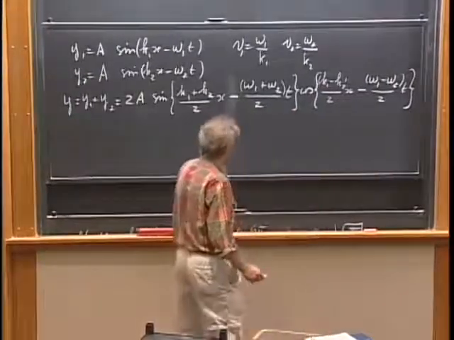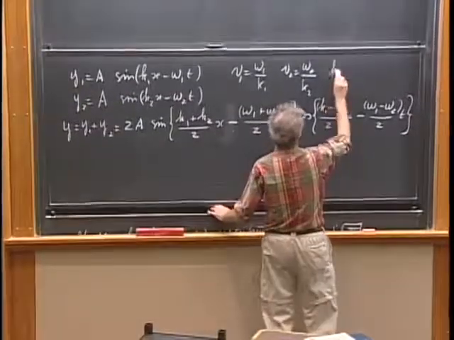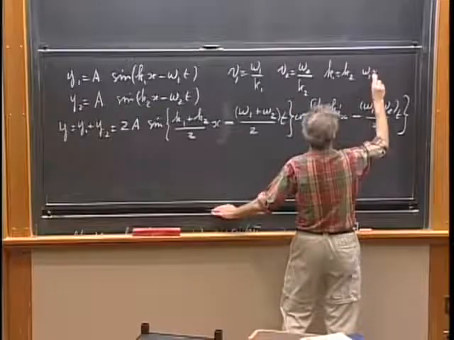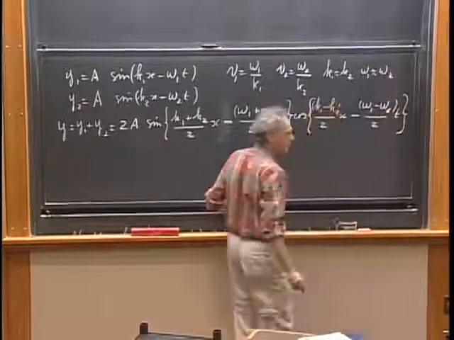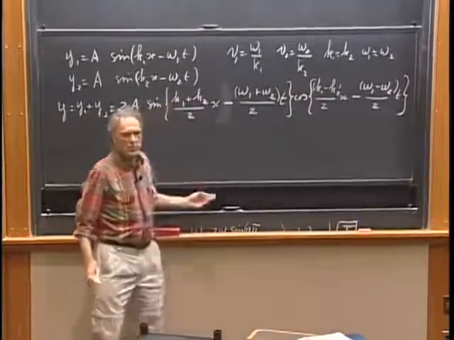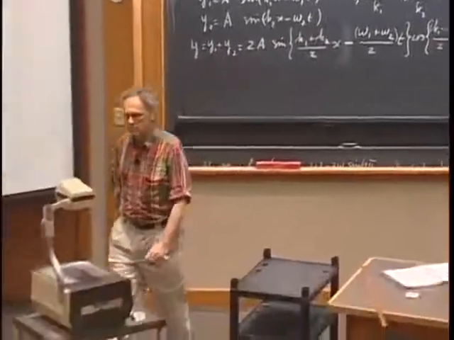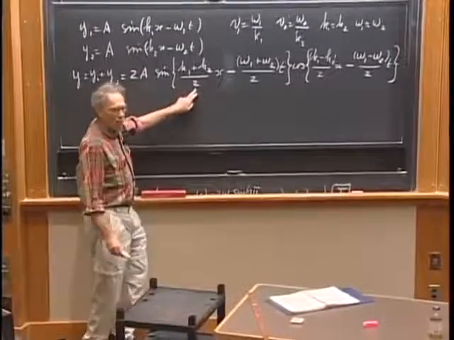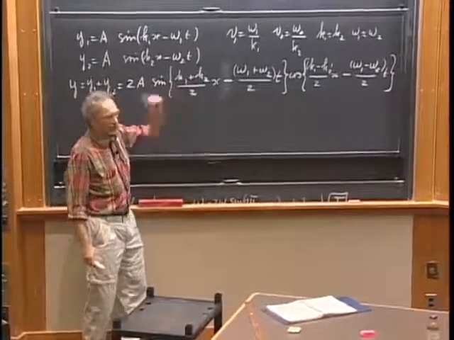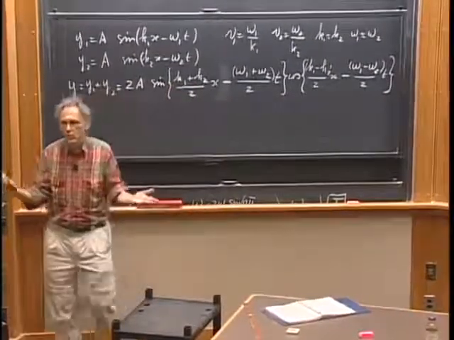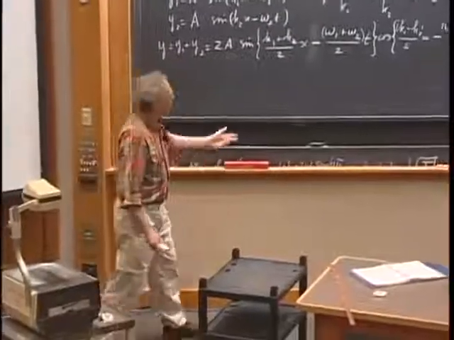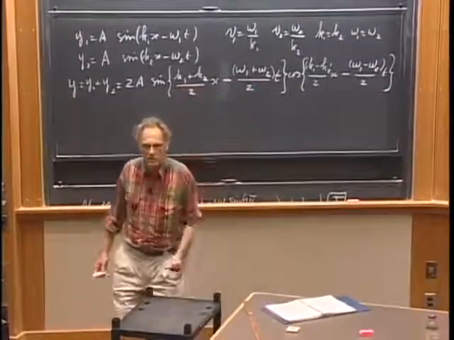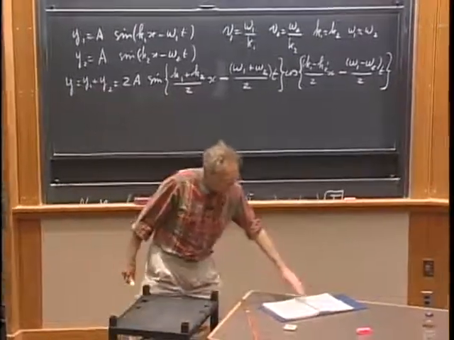Now let us take as an example whereby k1 is approximately k2 and omega 1 is approximately omega 2. So we take the frequencies close together. You would agree with me then that (k1 plus k2) over 2 is then effectively k. It's the sum of the two divided by 2. You would also agree with me that (omega 1 plus omega 2) divided by 2 is omega, sort of the mean value between the two.